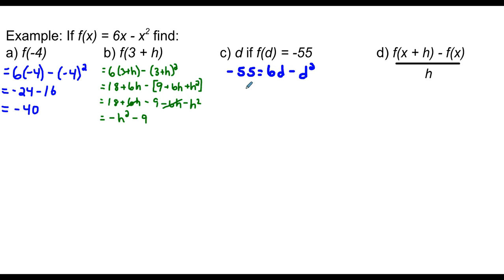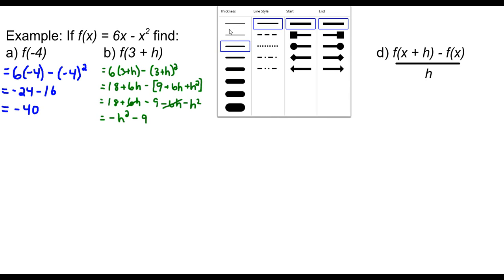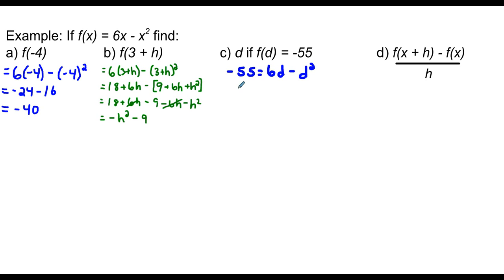What I'm then going to do is move everything over to one side of my equation. So 0 is equal to d squared minus 6d minus 55.